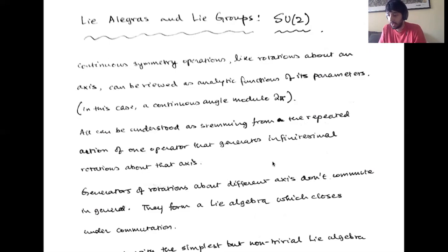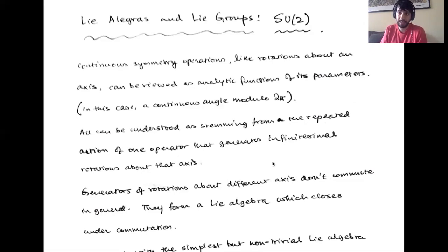So all of this we can understand from the repeated action of one operator that generates this infinitesimal rotation about this axis. We know from classical mechanics and so on that rotations about different axes do not commute in general.